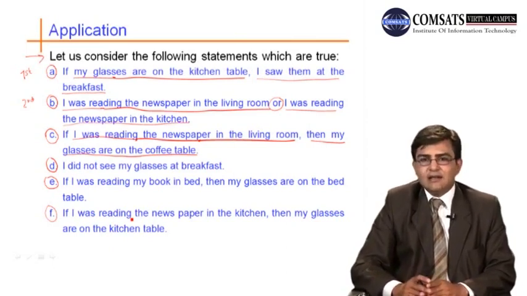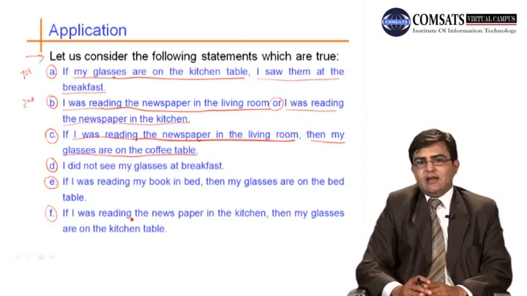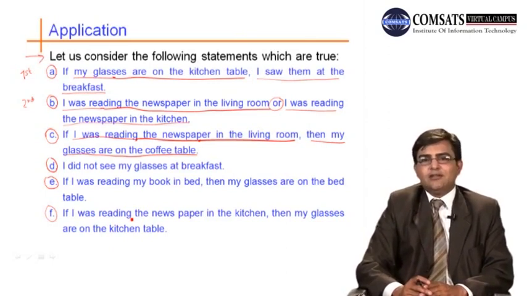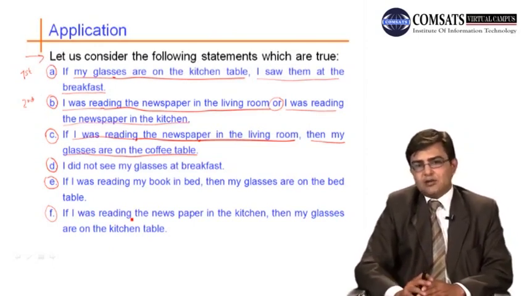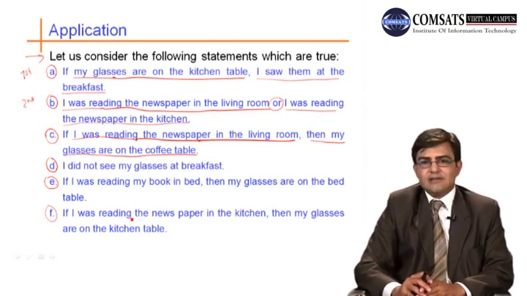Now this is basically an argument, and we shall apply logic to find his glasses. So first of all, we suppose that all these assumptions are true. These premises are true as a whole.